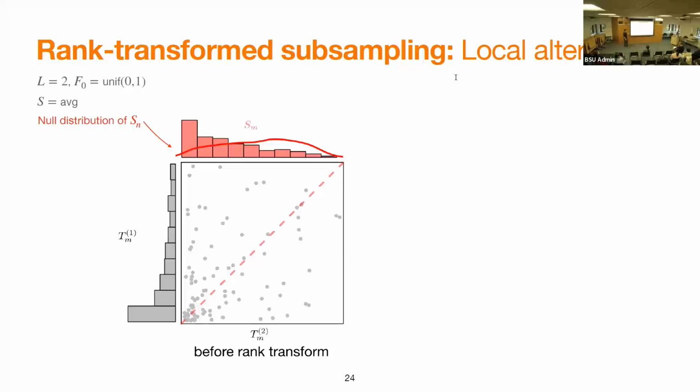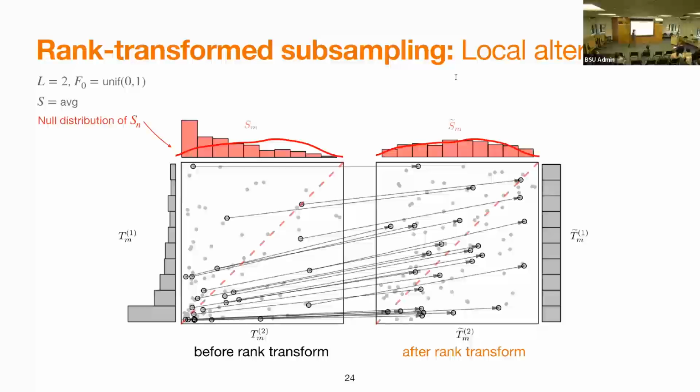But this is where the magic of the rank transform happens, because lo and behold, if I apply the rank transform and replot it, you can see now the margins become exactly uniform. But a more striking phenomenon is here. If you look at the histogram of the aggregated statistic after the rank transform, it is still approximating the null distribution of the aggregated statistic, even though we're operating under the alternative.